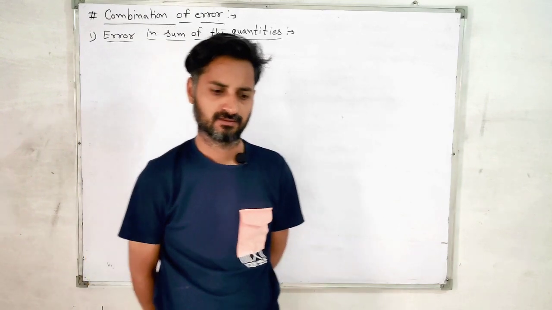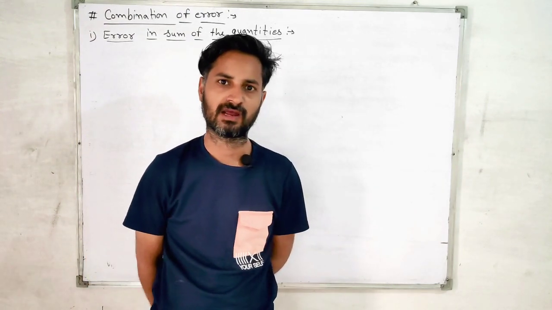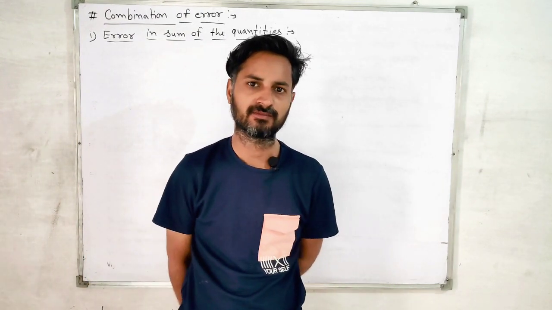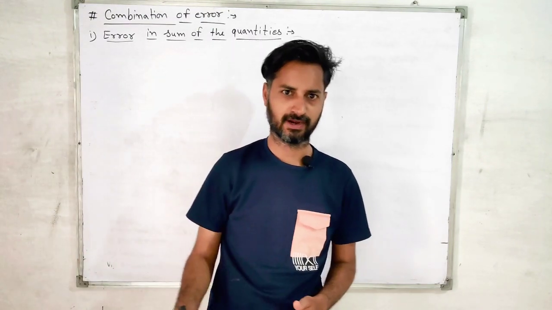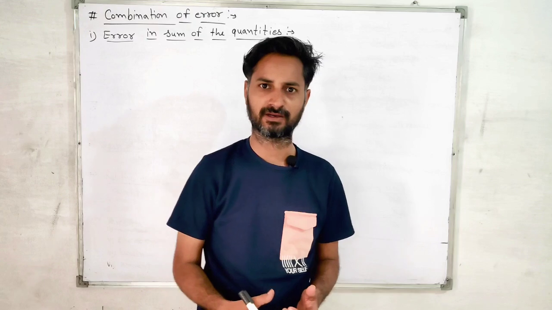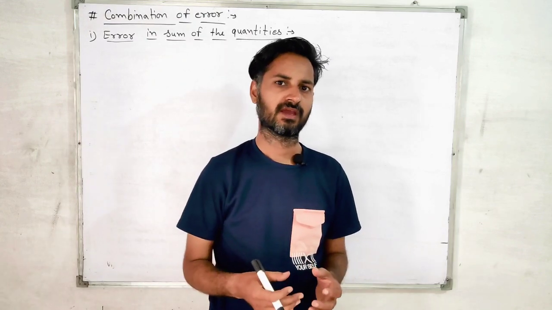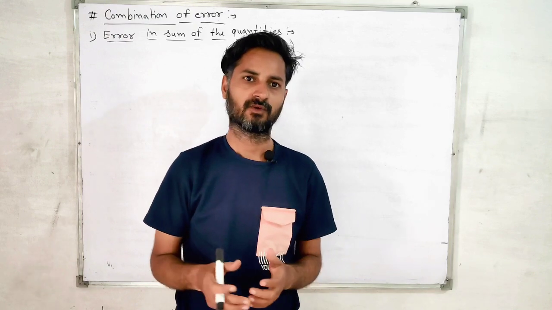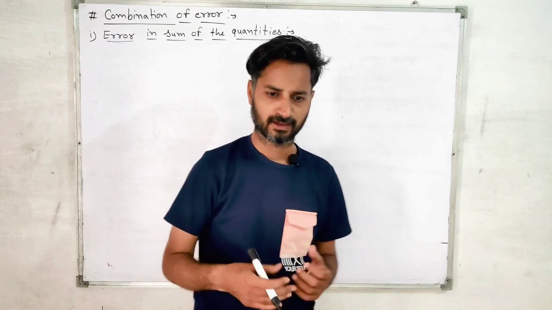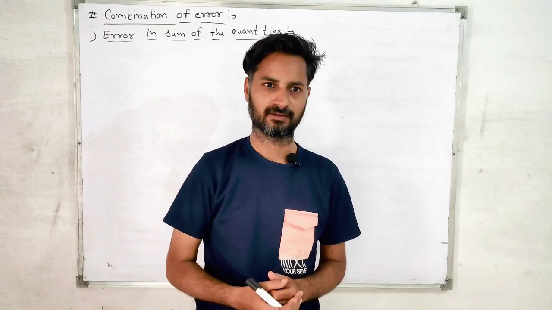In physics, for getting the value of a physical quantity, sometimes we have to multiply, divide, add, or subtract some physical quantities. And if we have the errors in all those particular quantities, then what will be the error in the desired physical quantity?